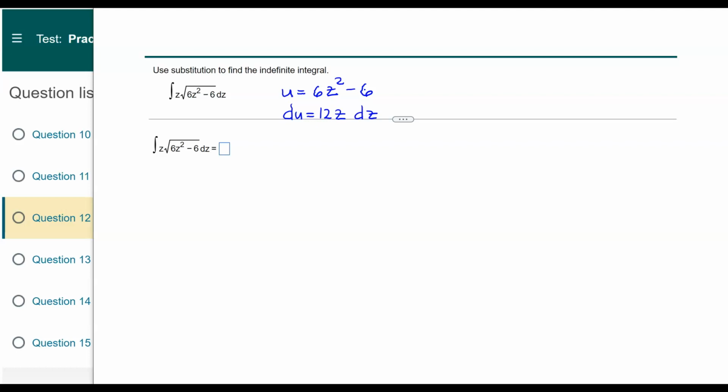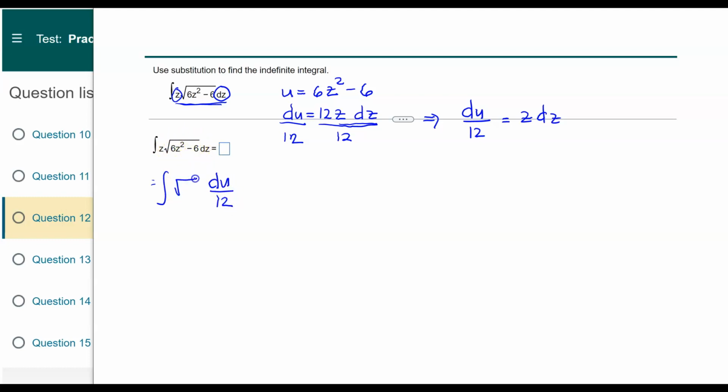Then, if you look at this, you want to express this in terms of u. So this z dz here is just this expression. So we can isolate that by dividing both sides of this by 12. So therefore, you have du over 12, which is equal to z dz. So therefore, the integral here is just equal to that z dz there will be replaced by du over 12.